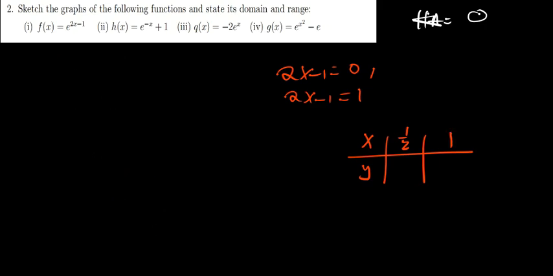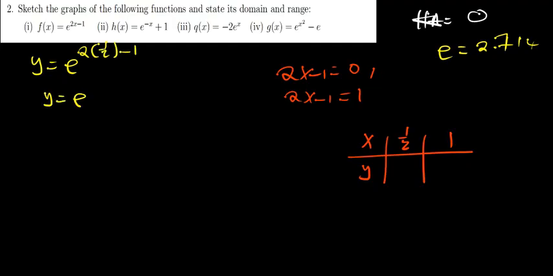Let's go ahead and find the values of y. The value of e, I want you to understand one thing. The value of e is approximately 2.7 something. So then we'll say y is equal to e raised to the power 2x minus 1, where there is x we put half. 2 times half is 1, so 1 minus 1 is 0.